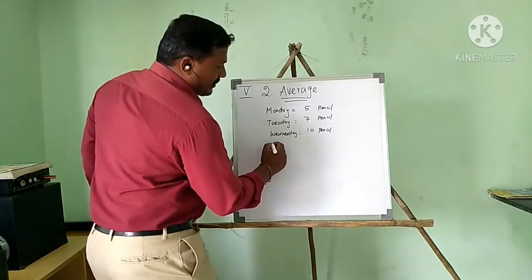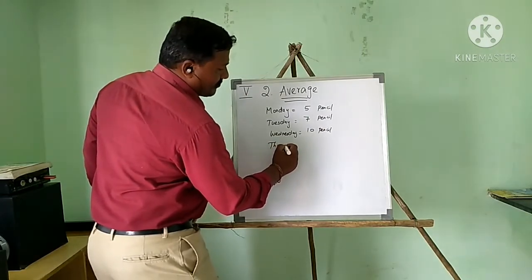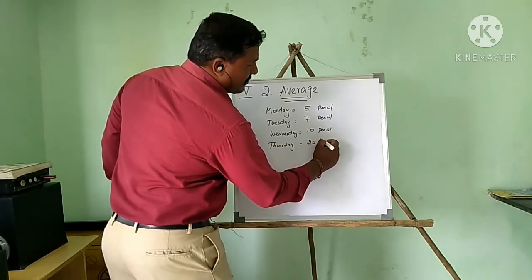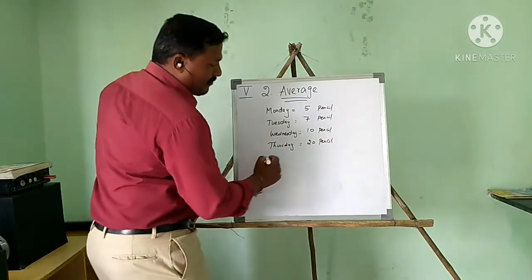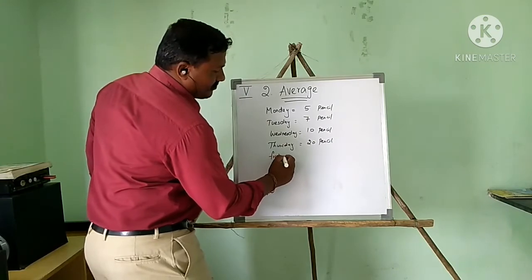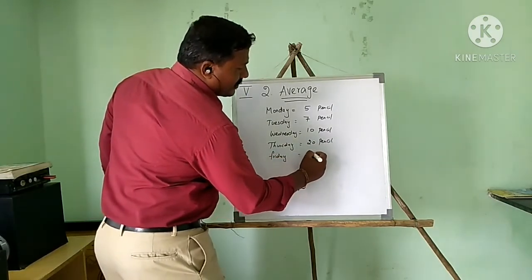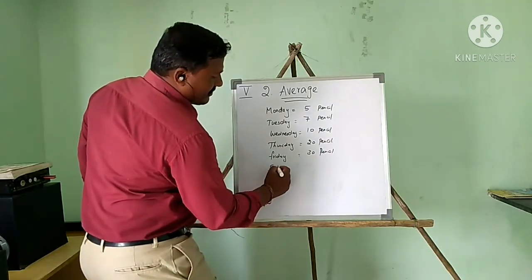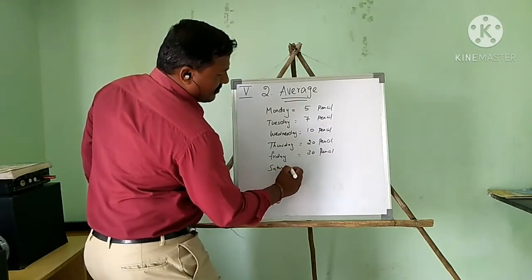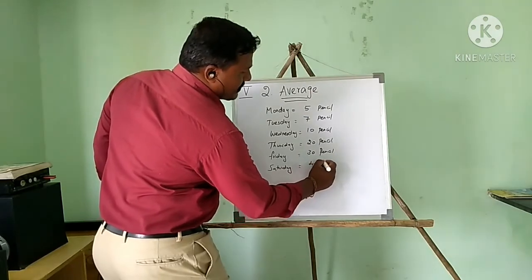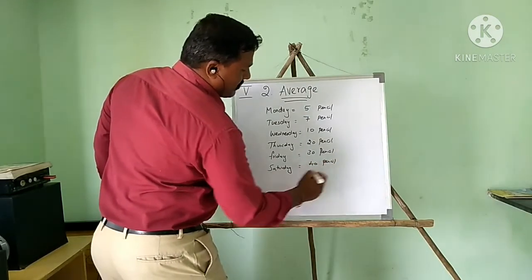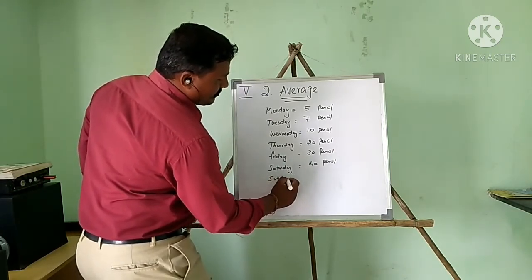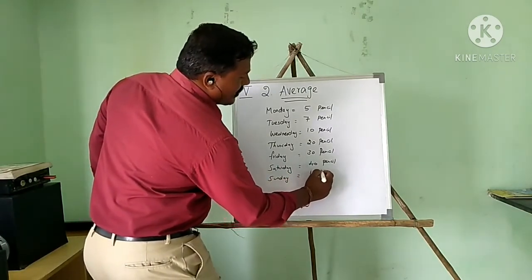Then Thursday you sell 20 pencils. Then Friday you sell 30 pencils. Then Saturday you sell 40 pencils. Then Sunday you sell 15 pencils.